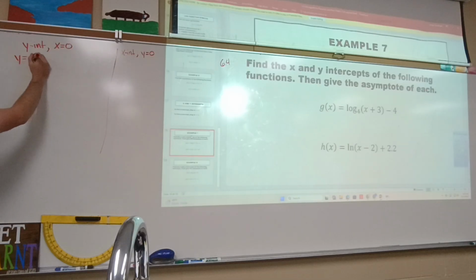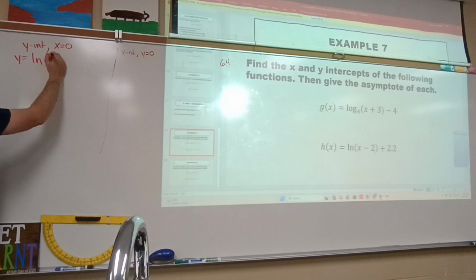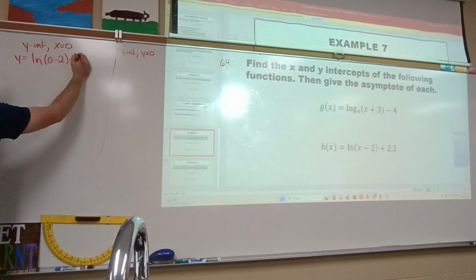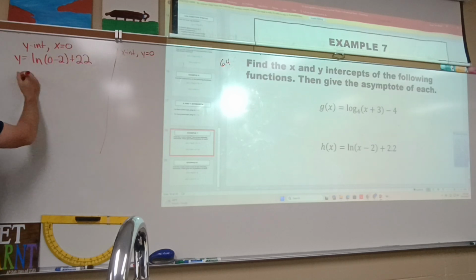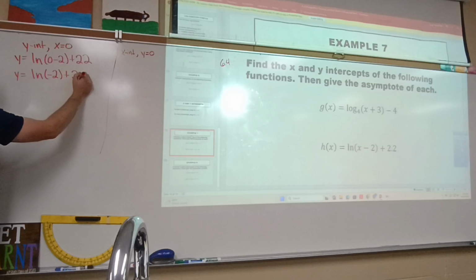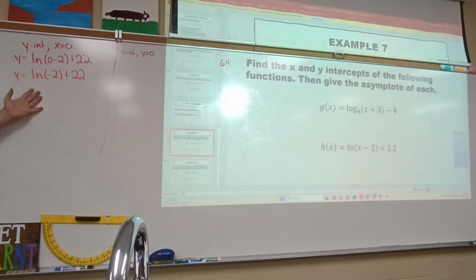So I do y equals natural log of 0 minus 2 plus 2.2. This one we can do. Grab out your calculators. You have a natural log button, right?